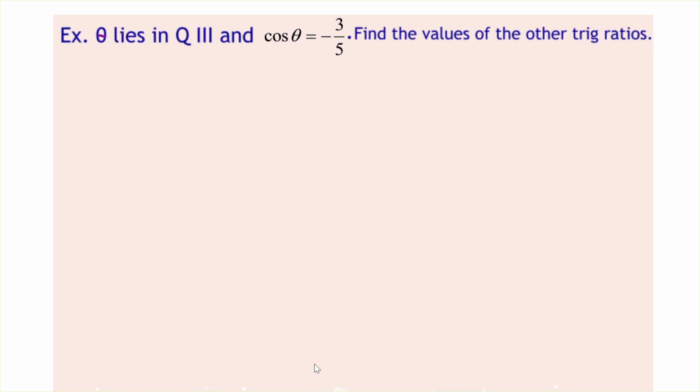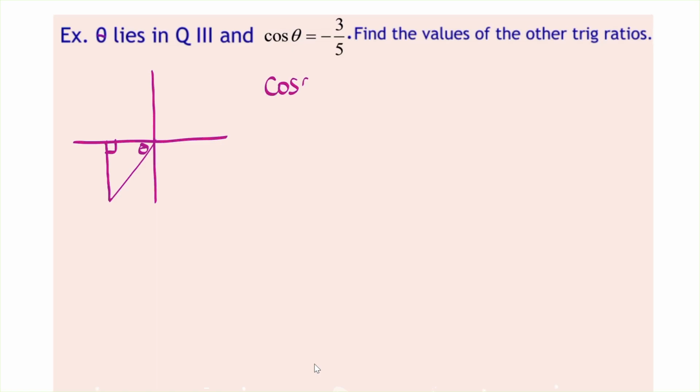Here we have theta lying in Q3, and cosine of theta is negative 3/5. So cosine, I'm in Q3, I'm going to draw a random angle in Q3, label that theta. When I make my right triangle, I always make it vertically with the x-axis. So I'm going to go up to my x-axis and draw my right triangle.